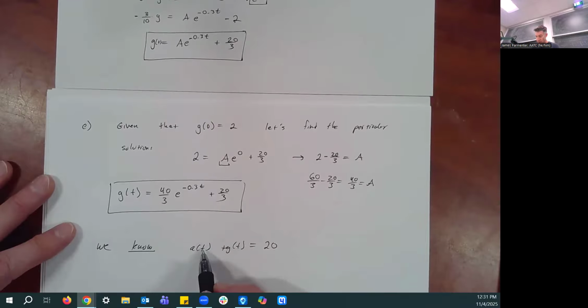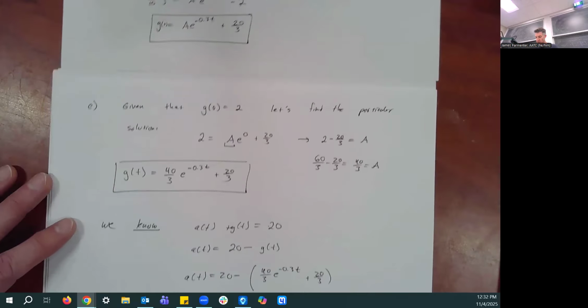So we know that A of t plus G of t is 20, so we can just say that A of t is equal to 20 minus the G of t we just found. So here, A of t is equal to 20 minus 40 thirds e to the negative 0.3 t plus 20 thirds.